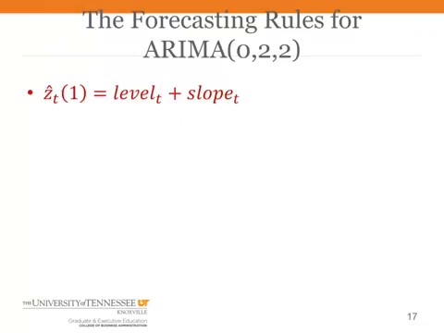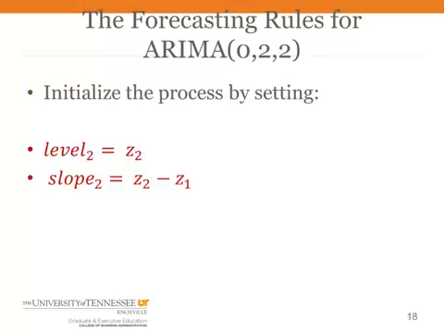So now let's walk through the mathematical formulas that we use for this model. First of all, the forecast is just a level plus a slope. You get started in time period 2. You set the level equal to the observed value in time period 2, and you set the slope equal to the difference between the observed value in time period 2 and time period 1.